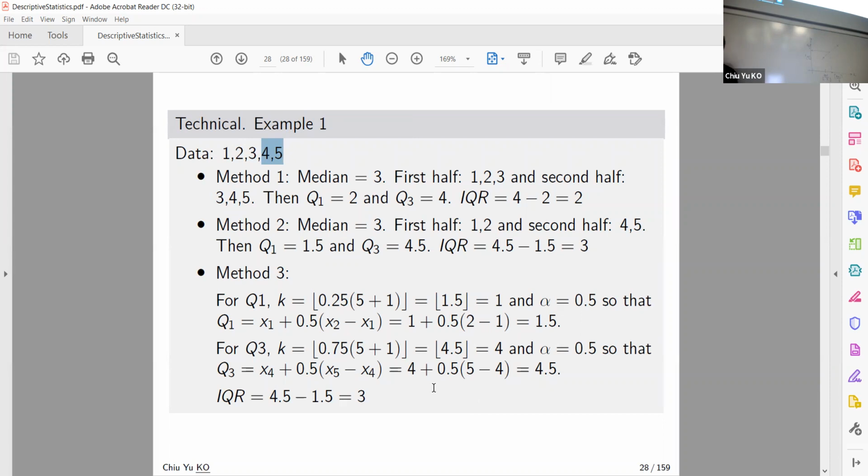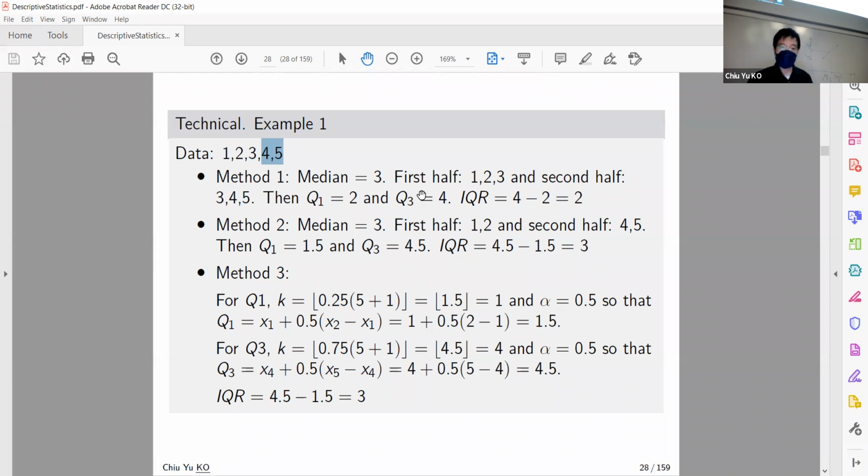If you look at the menu, I think I told you, in R or any other software package, there are at least 9 different ways to calculate quantiles. But these are 2 ways.